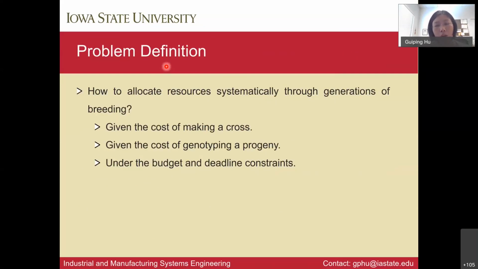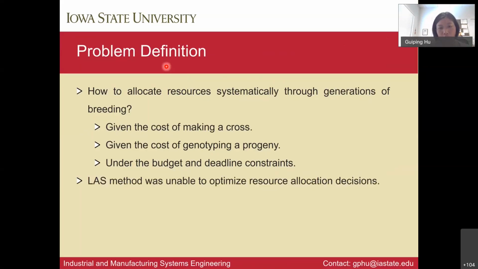In the previous look-ahead as well as multi-trait, we assumed that the resource is either distributed evenly or decided ahead of time. Now the question is, given the budget and deadline constraints, how do we best allocate? What is the optimal allocation mechanism throughout the generations?